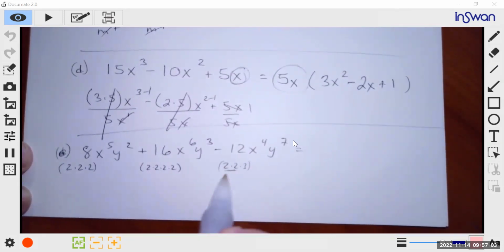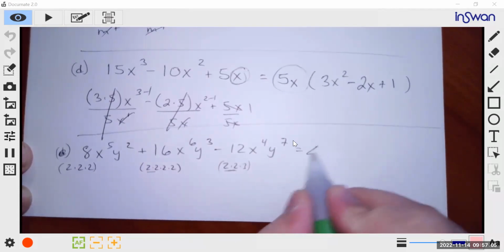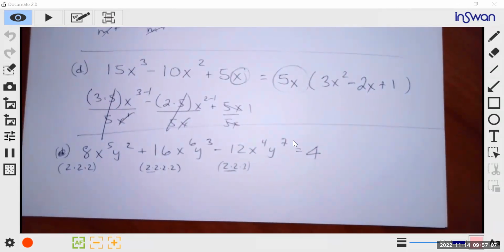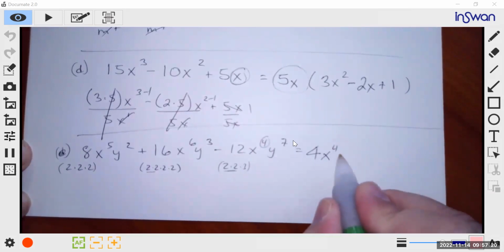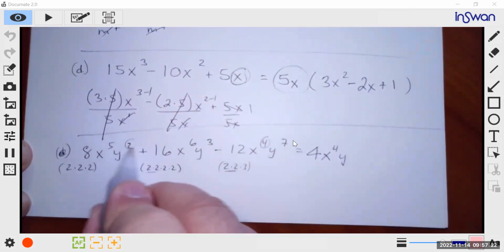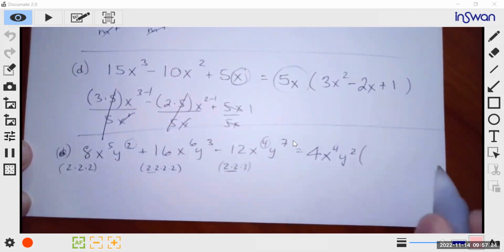So they can only have 2 2s. So they all have a 4 in common. How many x's can they have in common? Yeah, they only have 4 x's. How many y's? The smallest is 2. So everything else fits inside the parentheses.